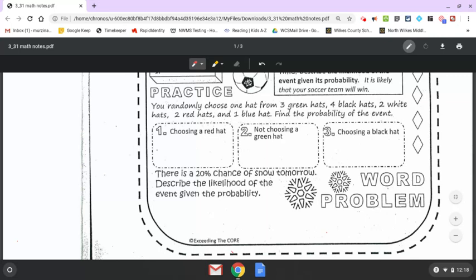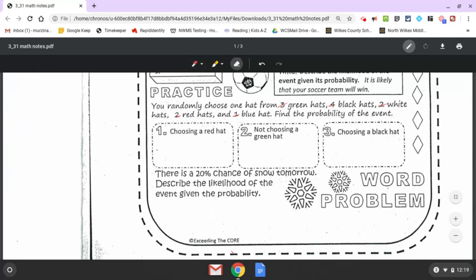In a problem like this, the first thing that you need to do is find out how many hats total you have. So we have 3 plus 4 plus 2 plus 2 plus 1. Is that all of them? Let's see. 3 plus 4 plus 2 plus 2 plus 1. Okay, so let's see. We've got 7, 8, 9, 10, 11, 12.